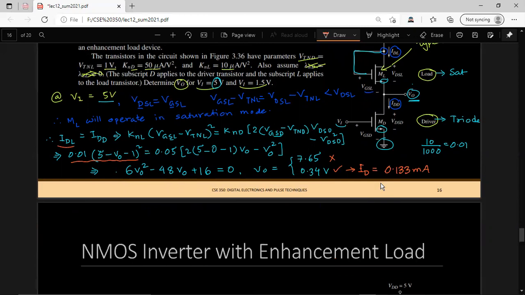When we are plugging in this formula, we should be careful about the formula here, 0.01.